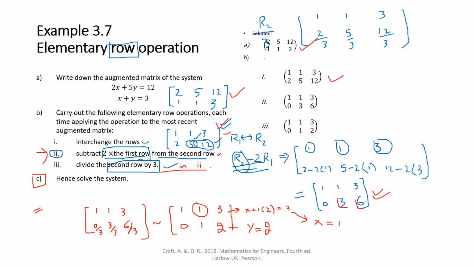So this is now part C. So row operations, you see, convert a system of linear equations to echelon form, and from the echelon form we can go for solutions easily.